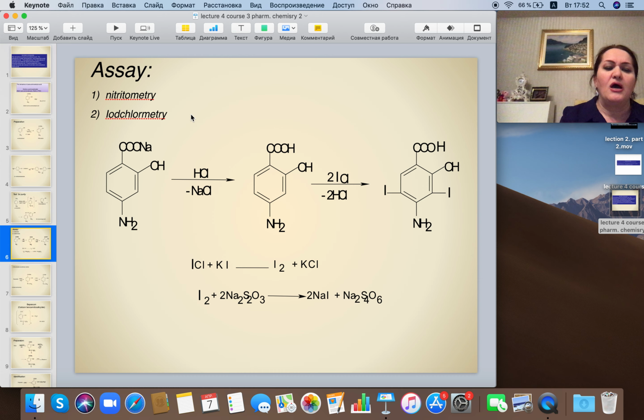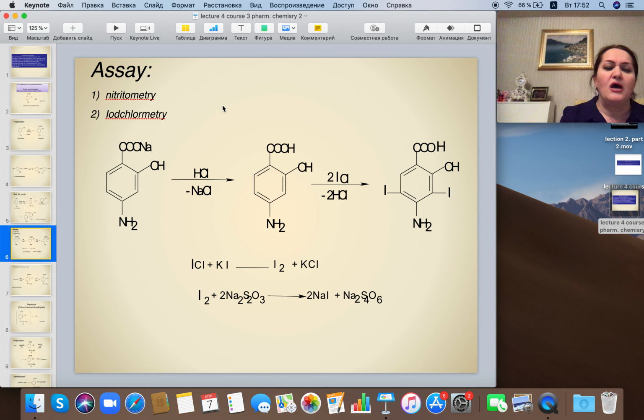As indicator we can use three types of indicators. The first is an inside indicator, for example, tropaeolin 00 or a mixture of tropaeolin 00 with methylene blue, or a mixture of methyl red with methylene blue. These may be used as inside indicators.